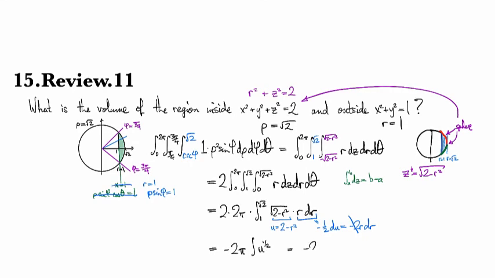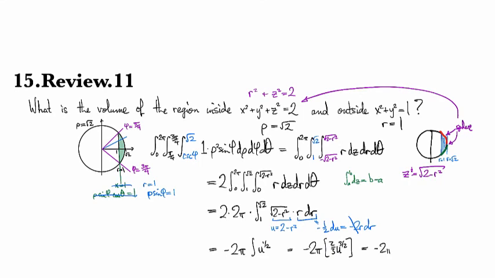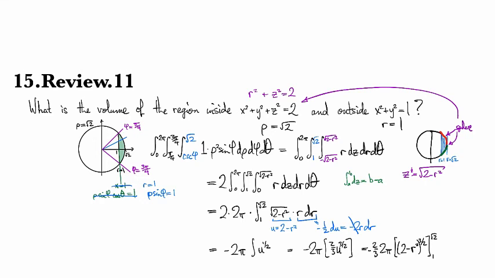Okay, so minus 2 pi, and then I've got u to the 3/2 times 2/3, and u here is going to be this 2 minus r squared. And where do I put my 2/3? So bring my 2/3 out, just stick it out there for now.